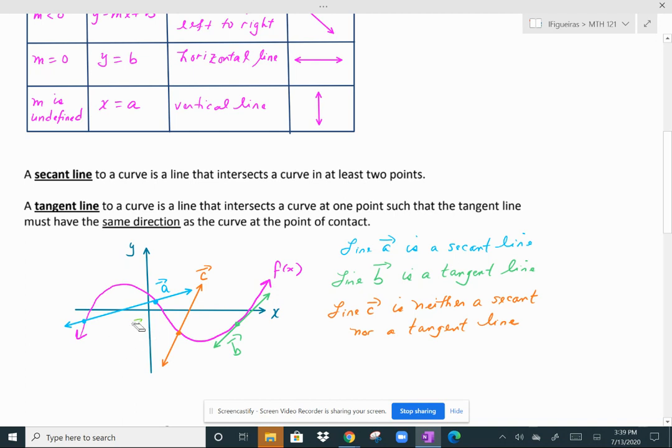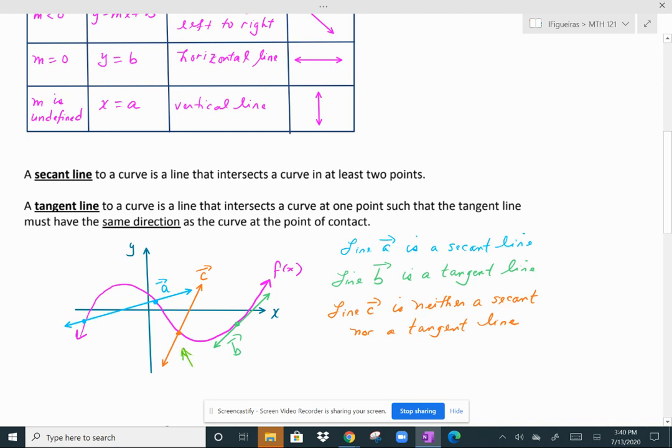Then I have line B, which is here in green. That one satisfies the definition of a tangent line because it intersects f of x at a single point, and f of x is increasing at that point, and your tangent line is also increasing and going in the same direction as f of x. And then we have line C. Well, line C is neither a secant line nor a tangent line because it intersects the graph at only 1 point.